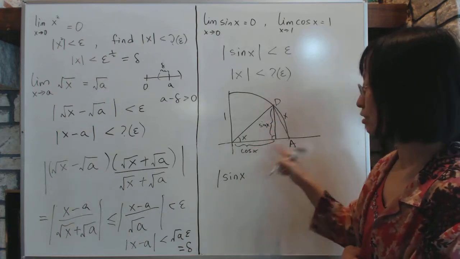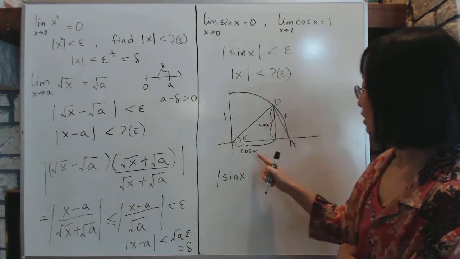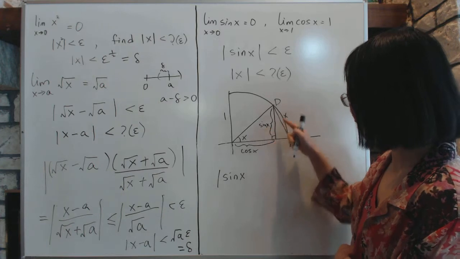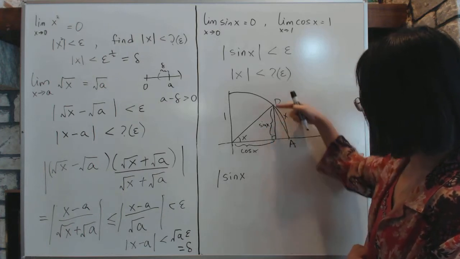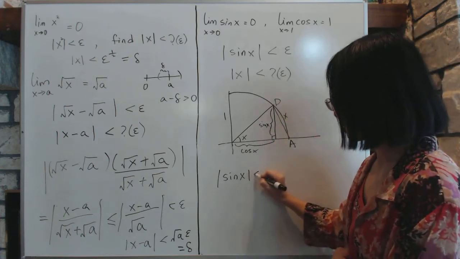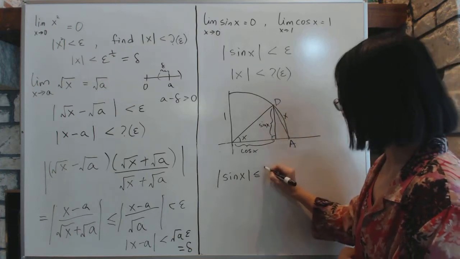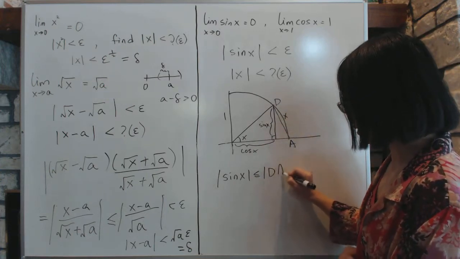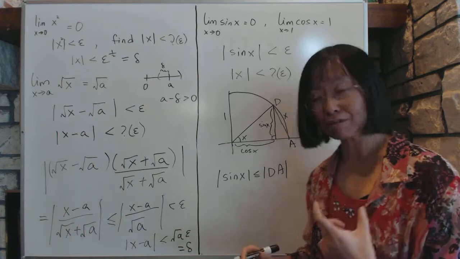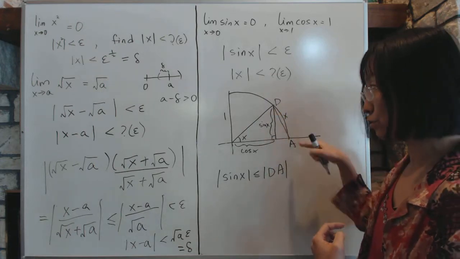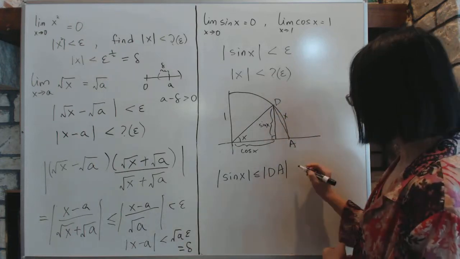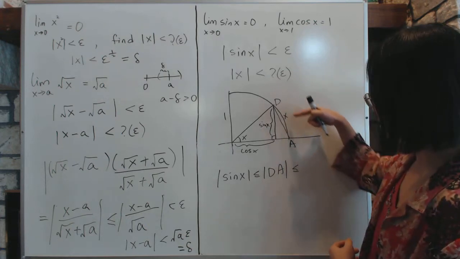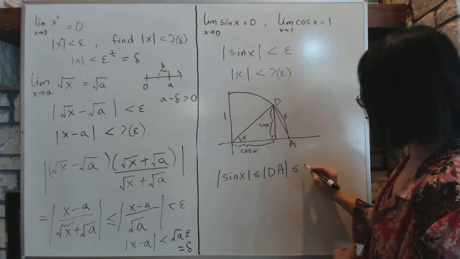Okay, we'll use cosine for this one. So anyway, sine of x, which is this length here, is going to be less than or equal to dA. That's by the Pythagorean theorem, that the leg of a right angle triangle has to always be shorter than the hypotenuse, which is less than or equal to x, the curve here.